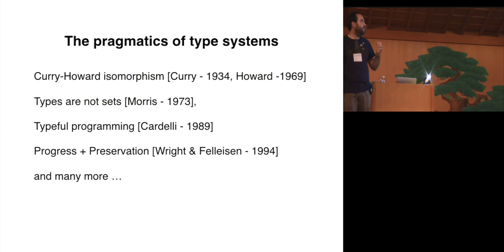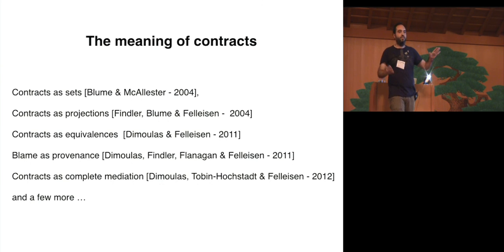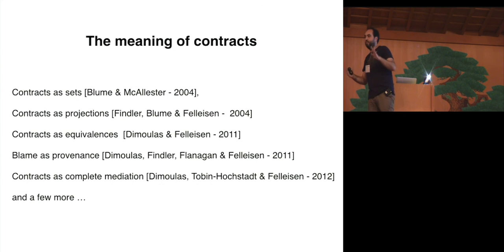The same thing exactly is happening for the last 15 years with contracts. There is a strand of research that for a long time has been looking at the meaning of contracts. And there are a lot of ideas about what contracts mean. Some of them are inspired by types, some are not. It doesn't matter. But even though this strand of research has given us some insight, it hasn't let us design new contract systems.